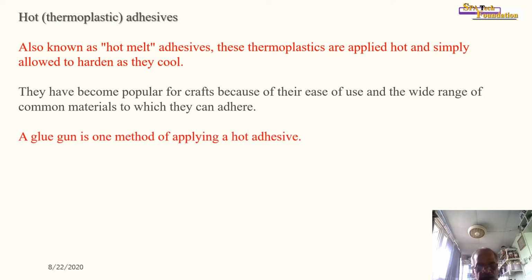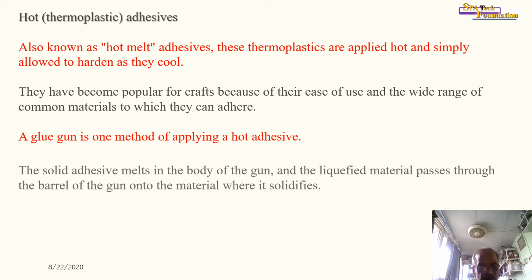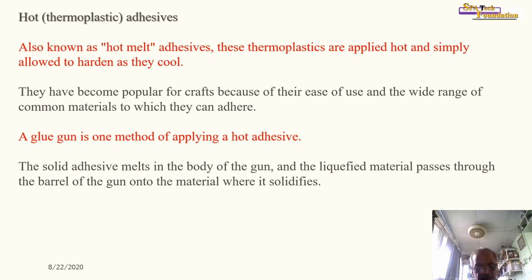A glue gun is one method of applying a hot melt adhesive. The solid adhesive melts in the body of the gun and the liquefied material passes through the barrel of the gun onto the material where it solidifies.